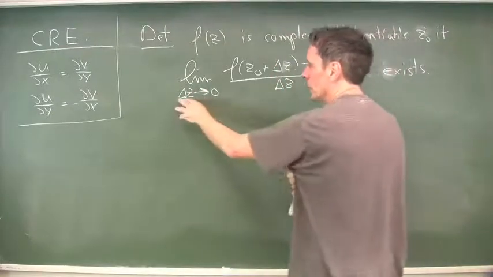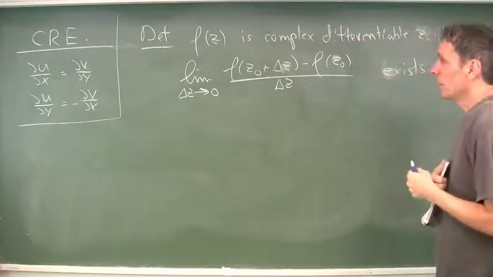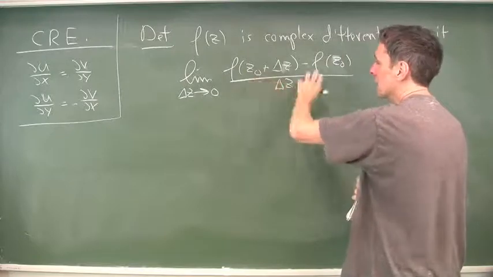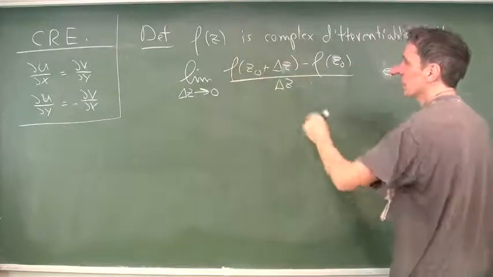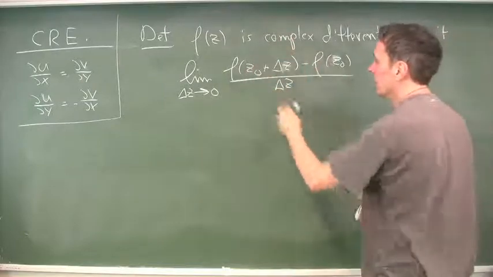So we can go to 0 in very many more ways. So let's investigate what the conditions on f should be for this limit to exist.